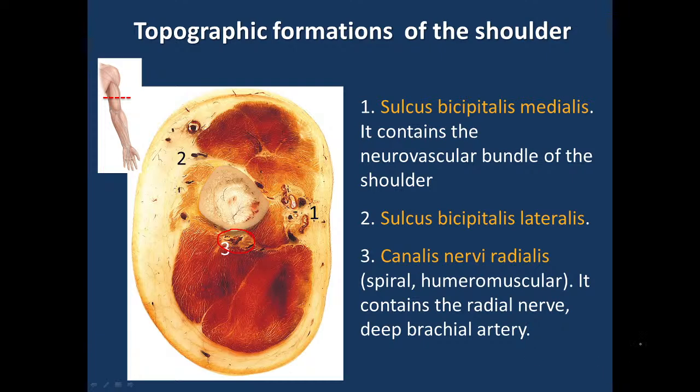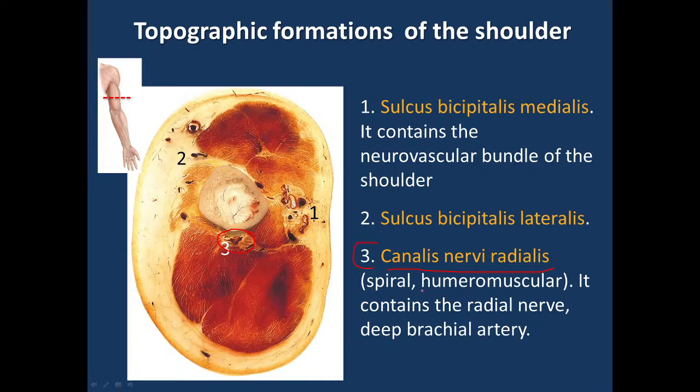And I also have to say a couple of words about the third topographic formation on the shoulder, and it is named canalis nervi radialis, or spiral channel, because it has a spiral form.